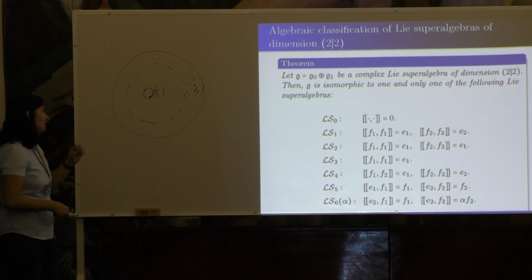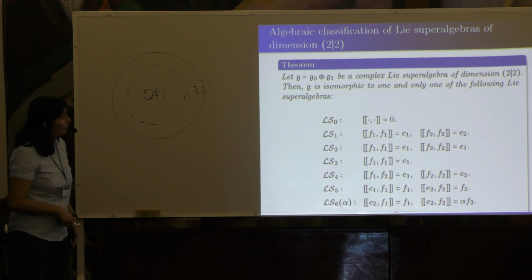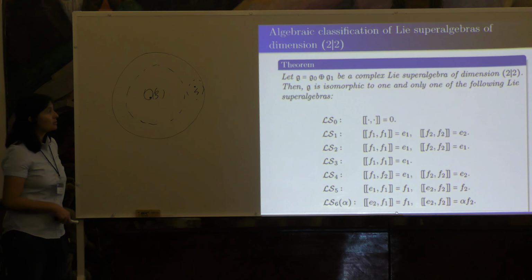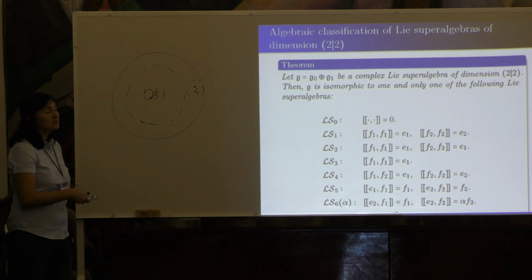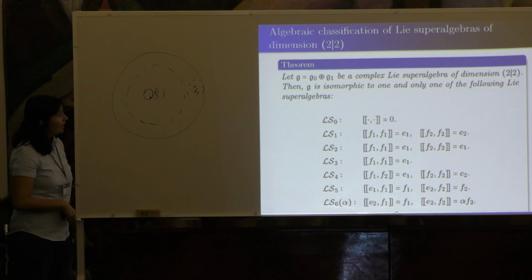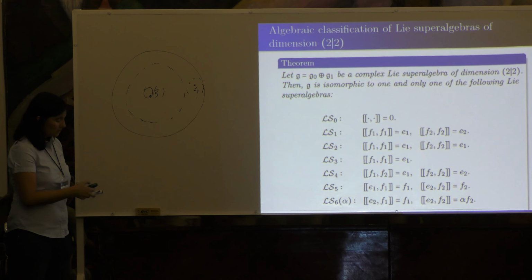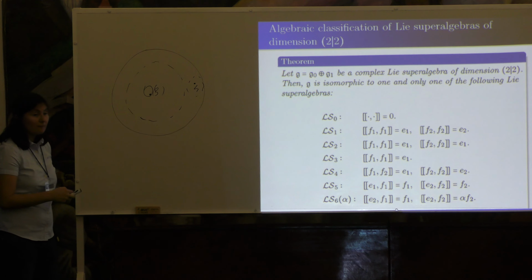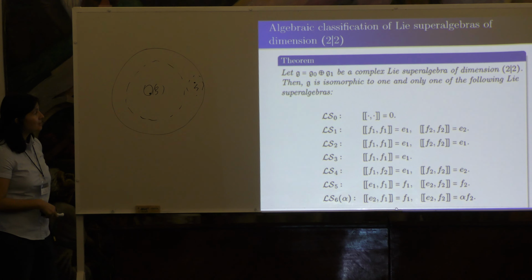Well, what we exactly do is consider complex Lie superalgebras of dimension 2|2, and we obtain the algebraic classification, which gives us 21 families of Lie superalgebras.